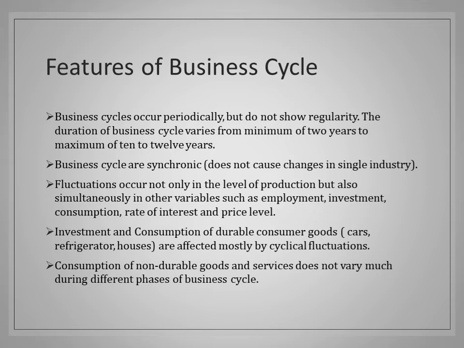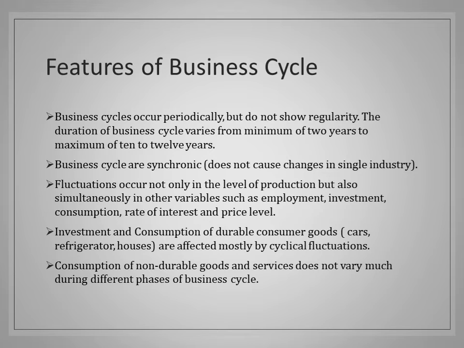Hence, if any fluctuation is happening in the agriculture sector, as raw material prices increase, then the finished good price will also increase in the manufacturing sector. So every sector of the economy is interlinked.